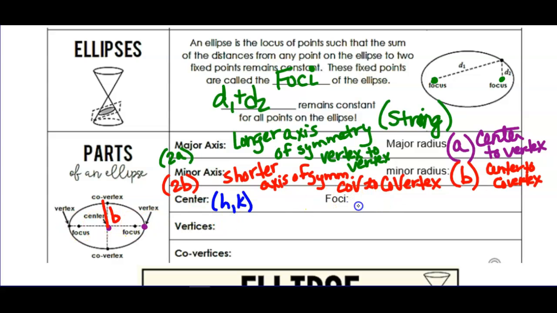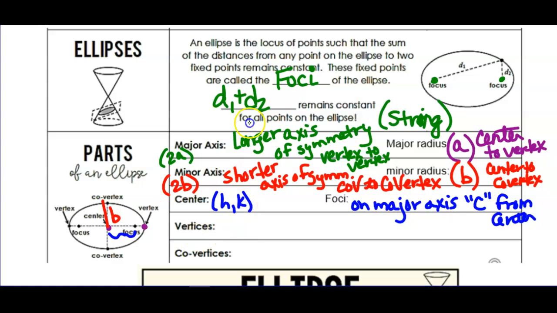Okay, the foci or focal points are always on the major axis. Okay, and the distance out from the center is C. And we're going to talk about how to find C in a minute.